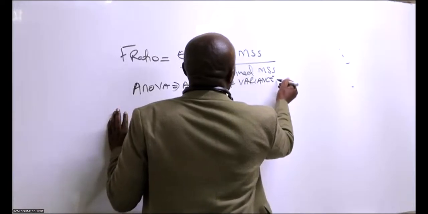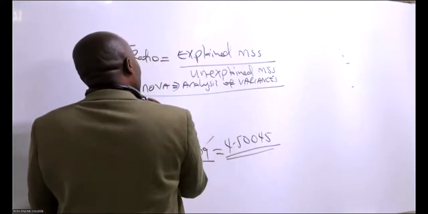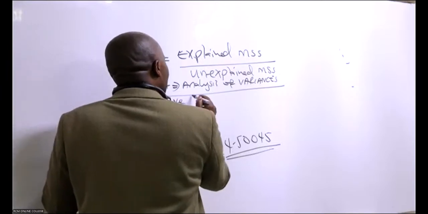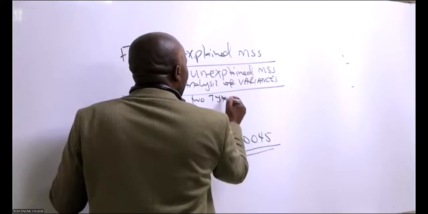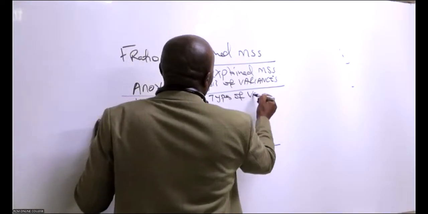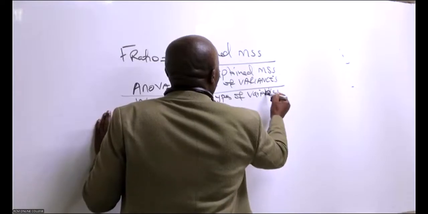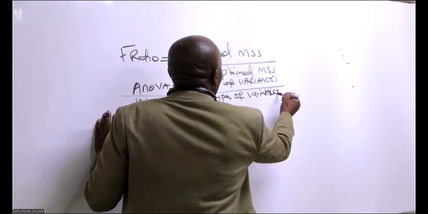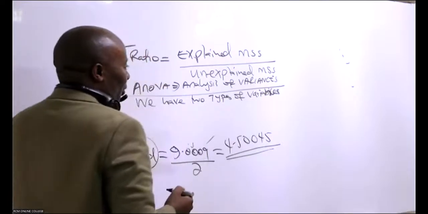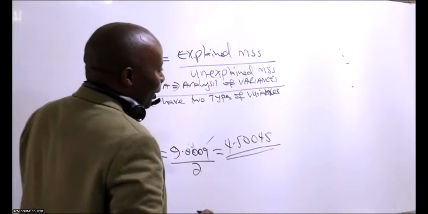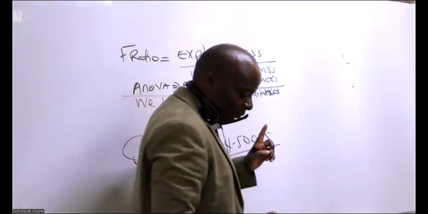Under ANOVA, we have two types of variances. You must write this even if you wrote it in the last class, because you must always assume that you know nothing until you pass your exams.